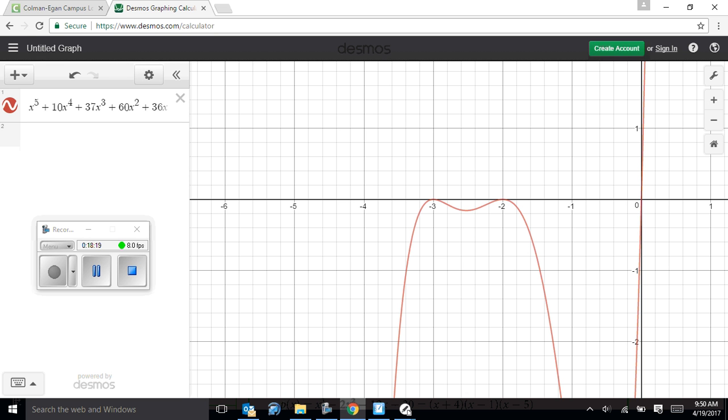And then our other 0 was at 0, and there we're passing through. So multiplicity, we'll learn, kind of changes how your graph reacts at a 0, at your x-intercept. That one's fun. It's interesting, right?